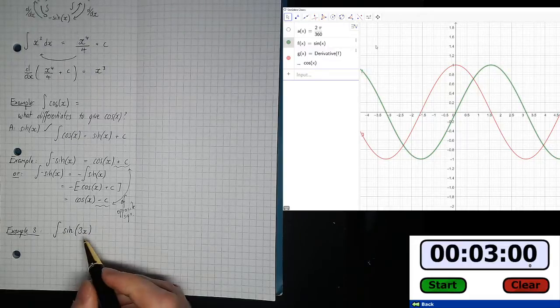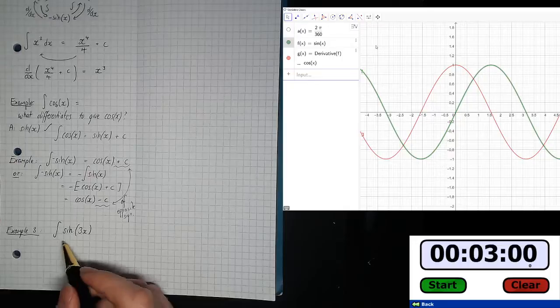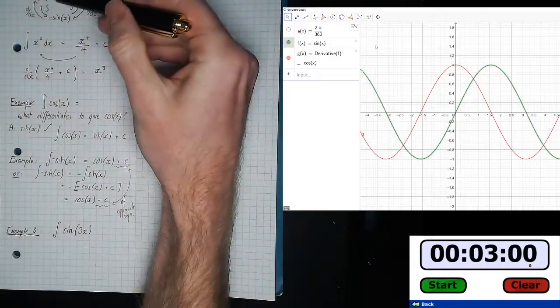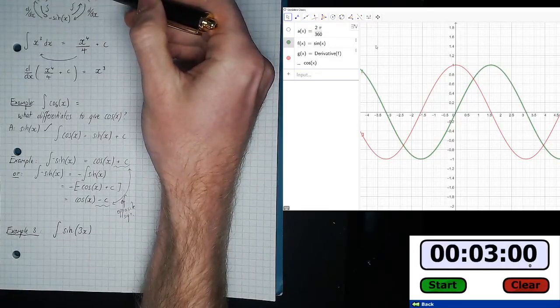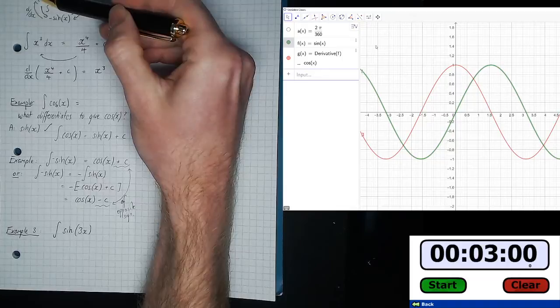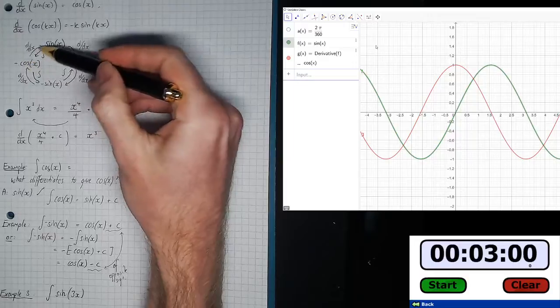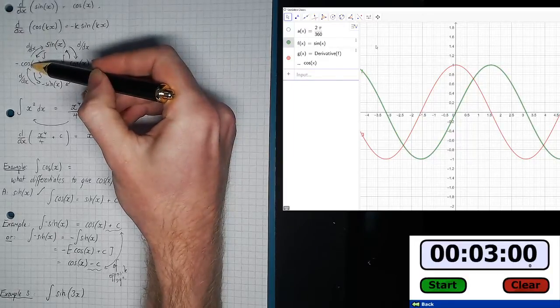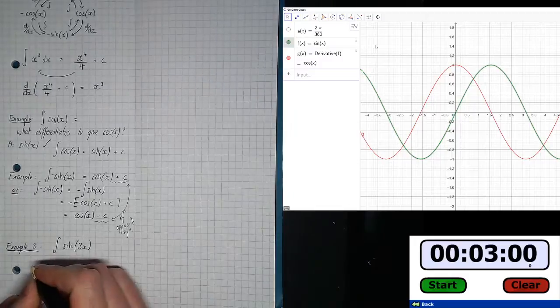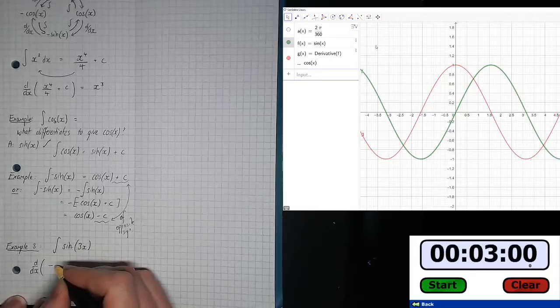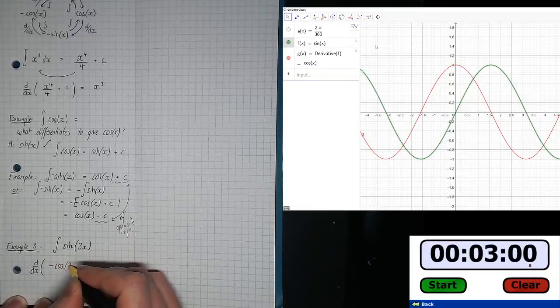Now, to integrate sine 3x, I have to think, what would I have to differentiate to give me this? To differentiate to get sine, I would have to have negative cos. So I'm going to have negative cos 3x.